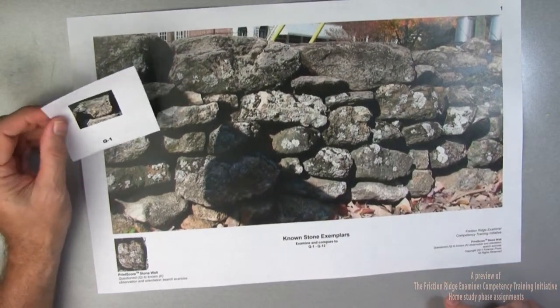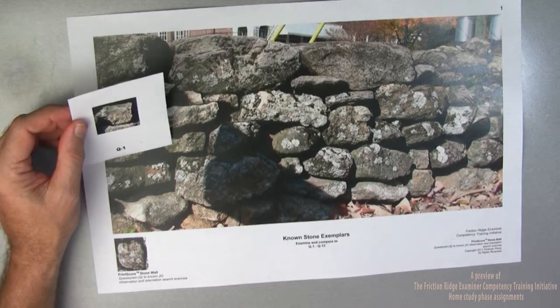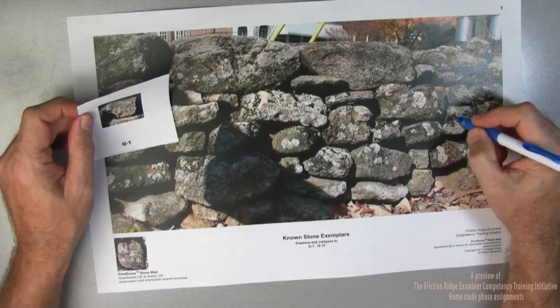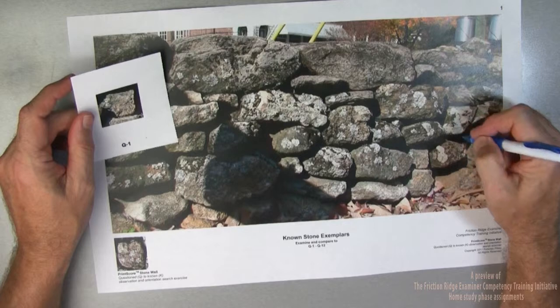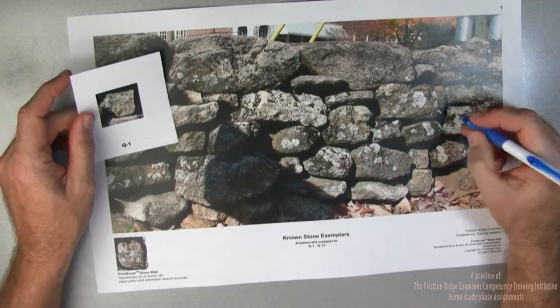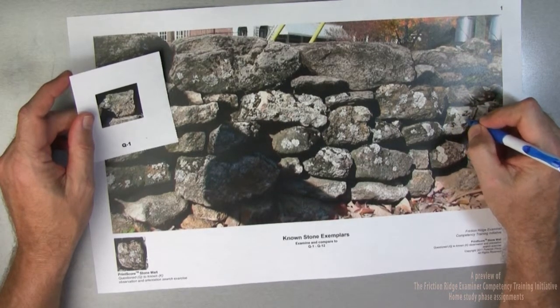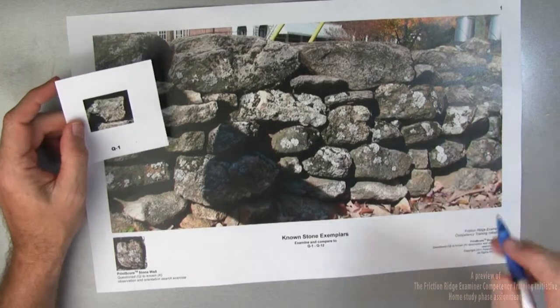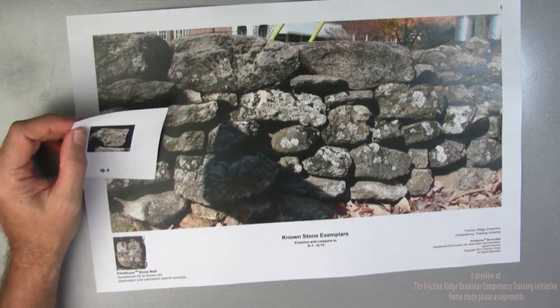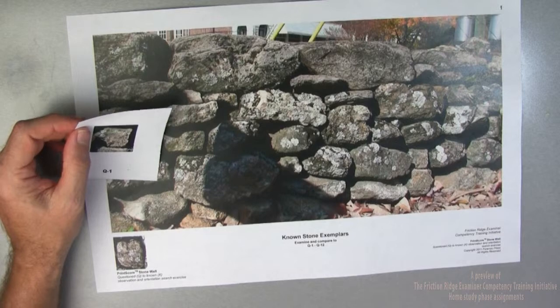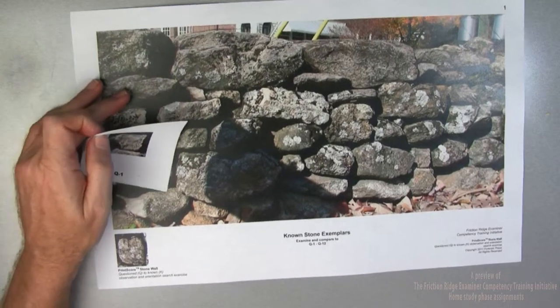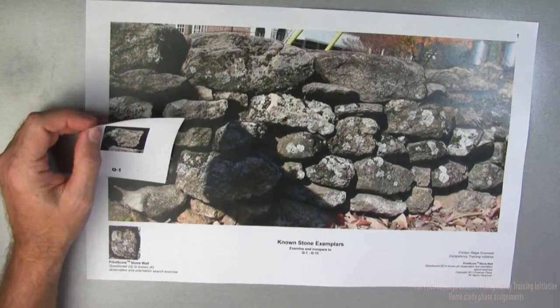And if you can find it, then you'll just have to mark with your pen. You can just make a circle and put, for instance, Q1 where you found it, and go through all of the 12 and try to determine if you can find them.